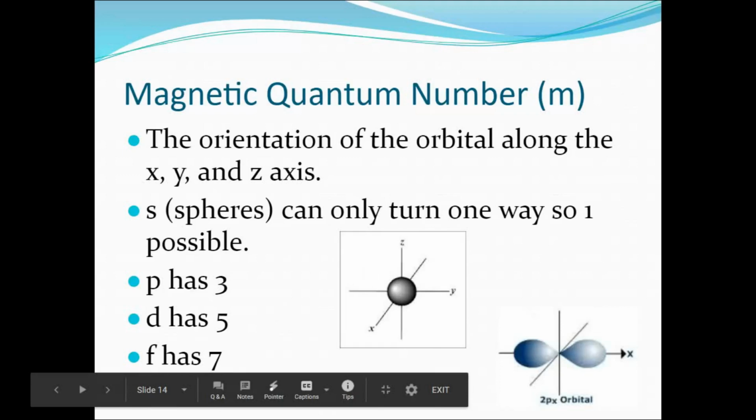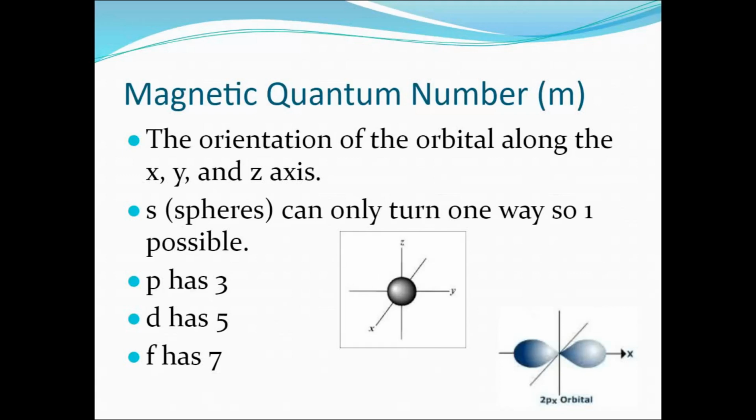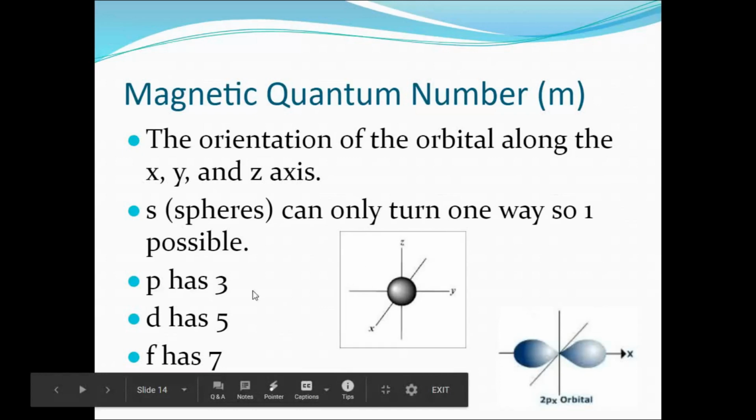This goes back to how many we can have in an energy level. The P we can turn 3 different ways. We can have it oriented on the x-axis, the y-axis, and the z-axis. So we can have 3 possible P's. We can have 5 D's and 7 F's.